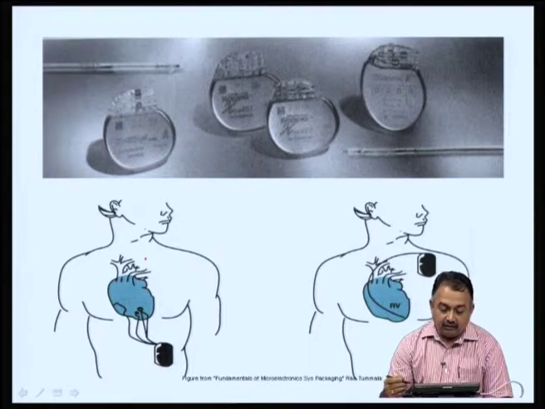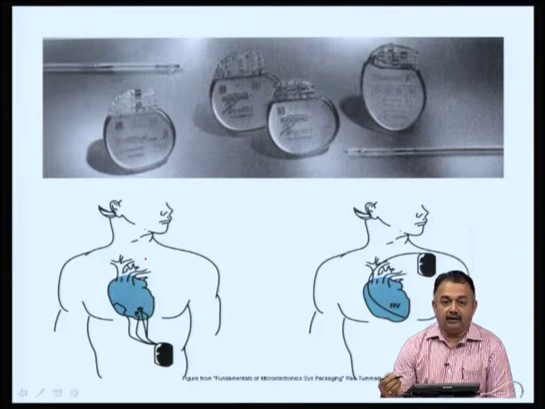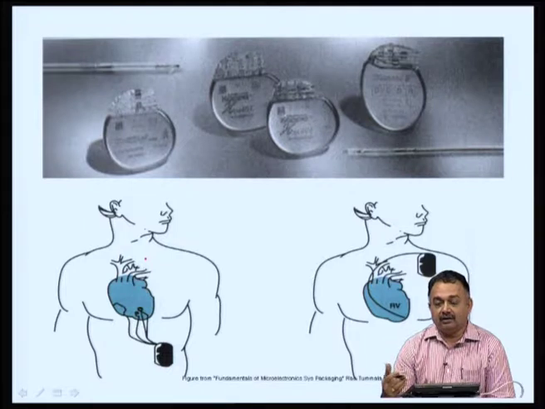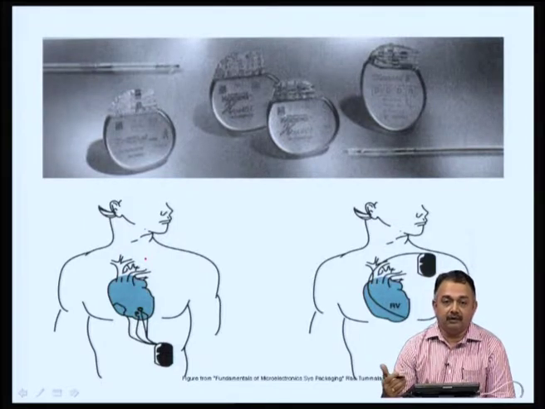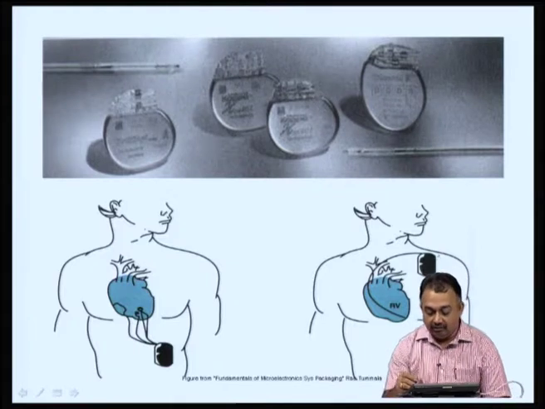You can see very small systems. For example, there is a pacemaker that monitors your heart after surgery, or if there are certain conditions for some people which need regular monitoring of the heartbeat and the condition of the heart, then in some cases it needs to be implanted.